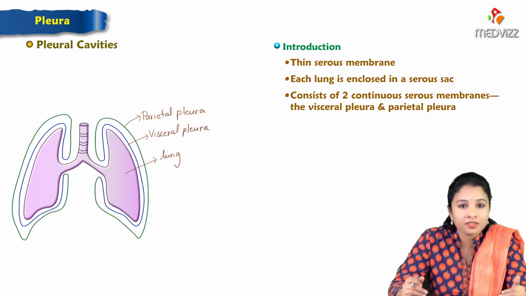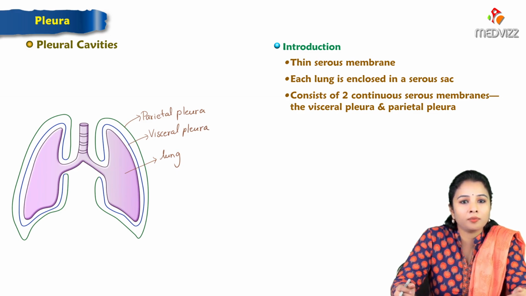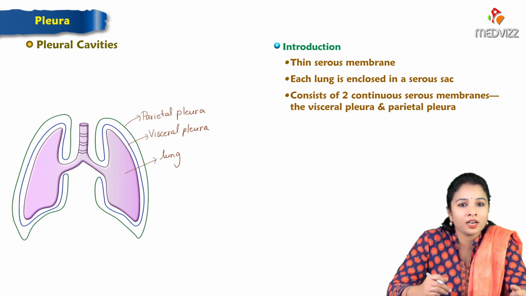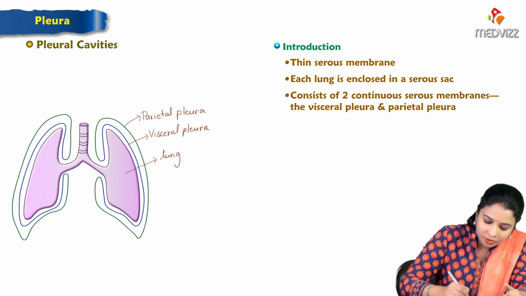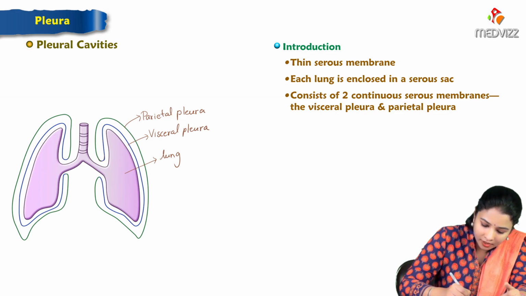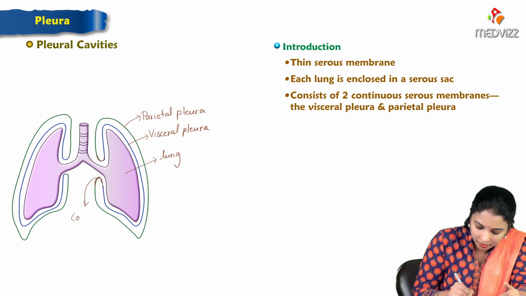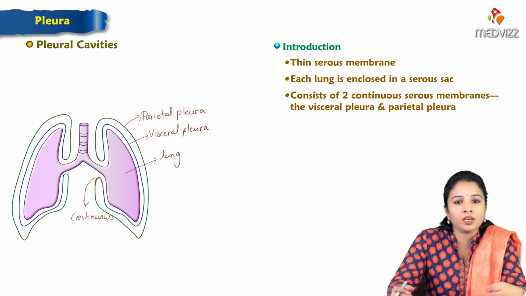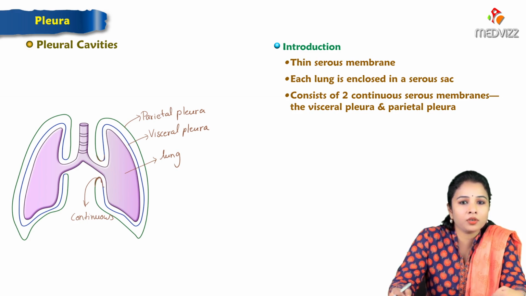Each lung is invested and enclosed by the serous sac, and the two layers are continuous with each other at the hilum, surrounding the hilum. The two layers are the visceral pleura and the parietal pleura.